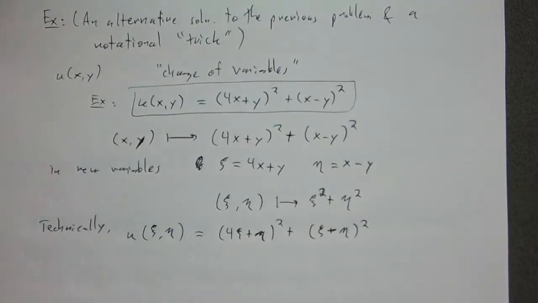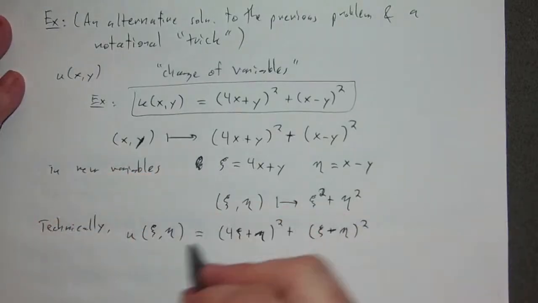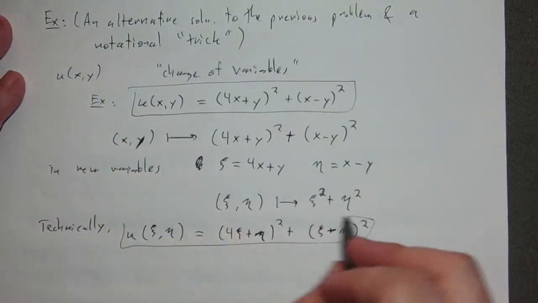That's what this is. But for notation's sake, because I want these things to be prettier and nicer, I'm going to come up with a new dependent variable name, right? So technically, this is what I have here.